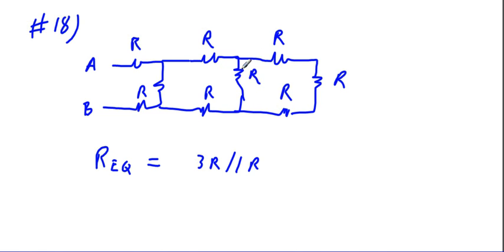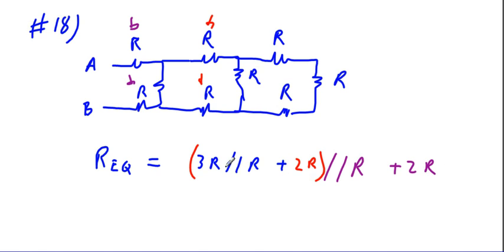And then that group is going to be in series with those two R's, so we're going to go plus 2R. And then that circuit's going to be in parallel with this 1R. And then that whole thing is going to be in series with 2 more R's.